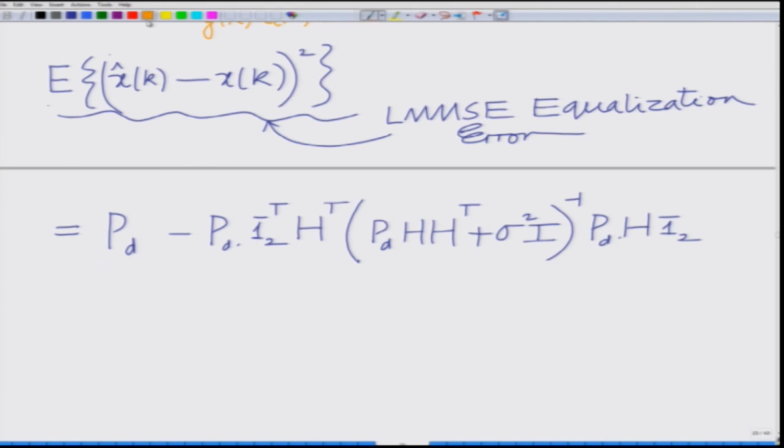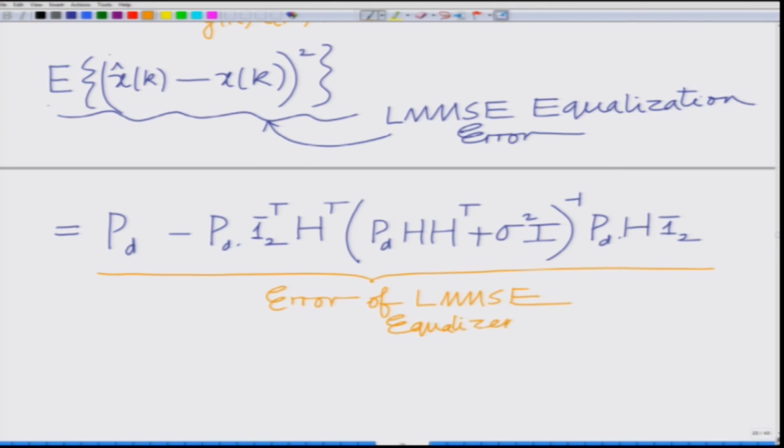This is the expression for the error of the LMMSE equalizer, or rather the mean square error.